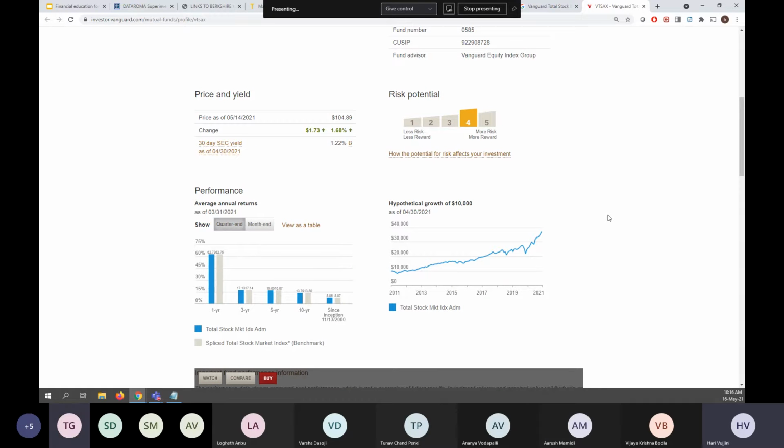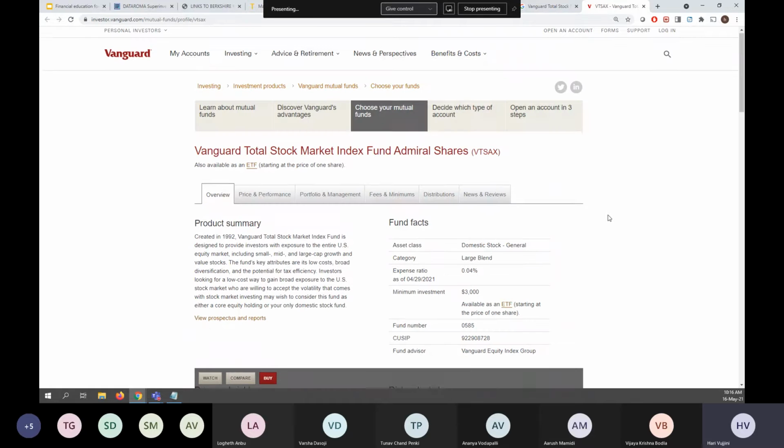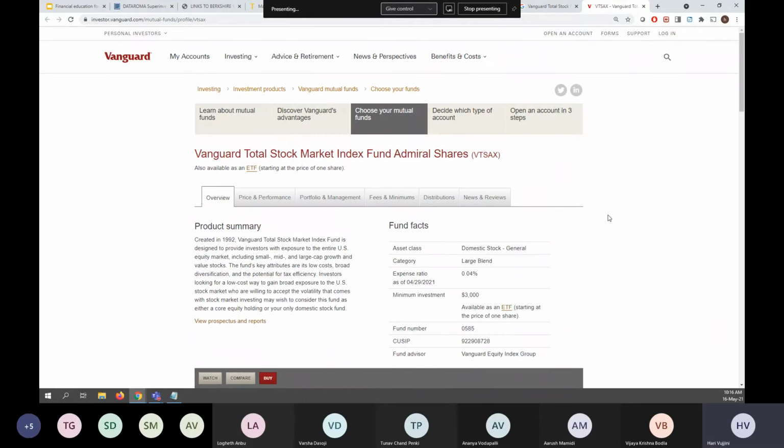Some dishes are really tasty, some are not as good as you expected, so you eat more of the tasty ones and less of the others. An index fund does the same.